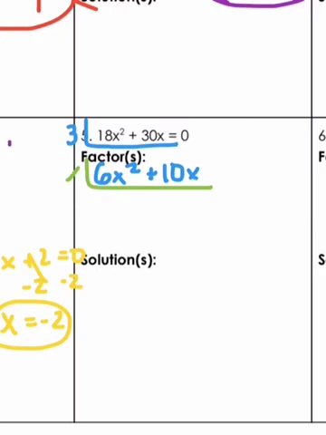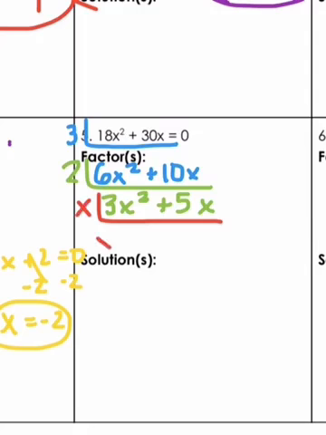Before that, we can factor out again for a greatest common factor. So what can I divide 6 and 10 by? I can divide both of those by 2, which would leave me with 3x squared plus 5x. So then I would have to factor out my variables. So I would have x, and that would leave me with 3x plus 5.